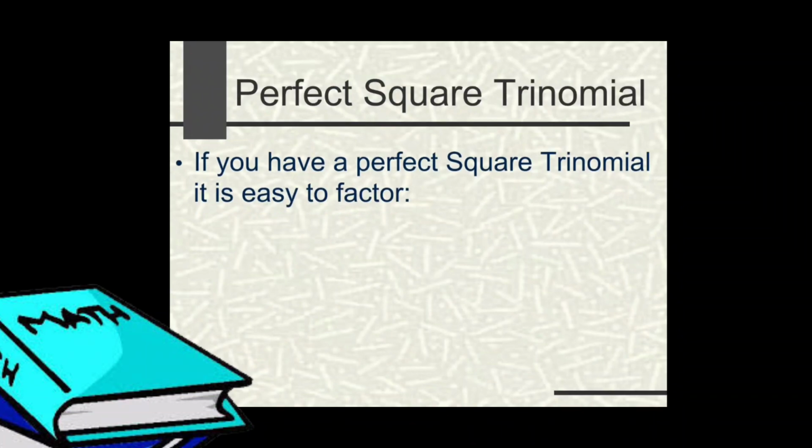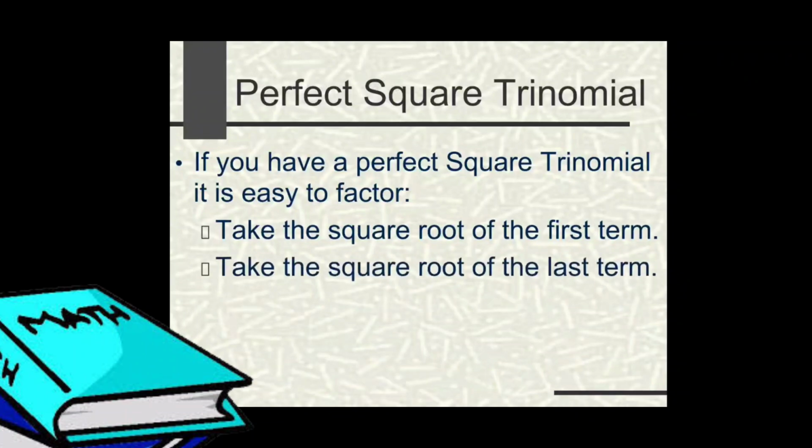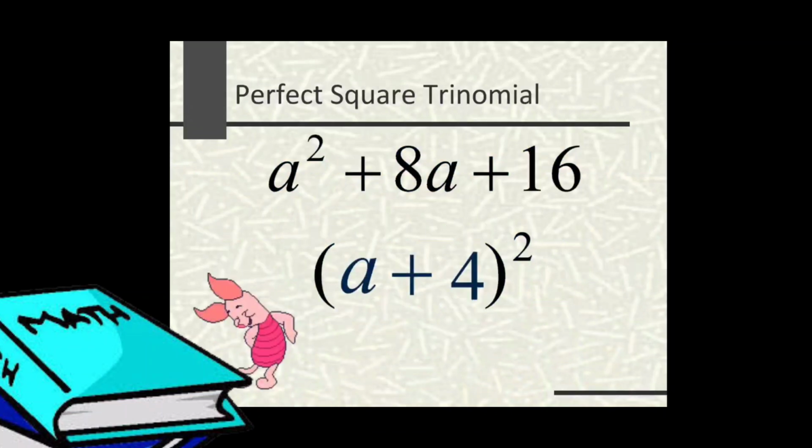If you have a perfect square trinomial, it is easy to factor. We just need to take the square root of our first term and the square root of the last term, use the sign of the middle term, put it in parentheses, and square the result. Here is another example: a squared plus 8a plus 16.